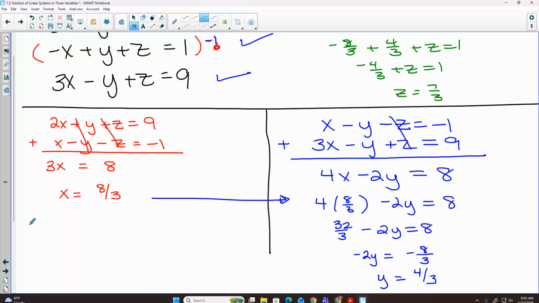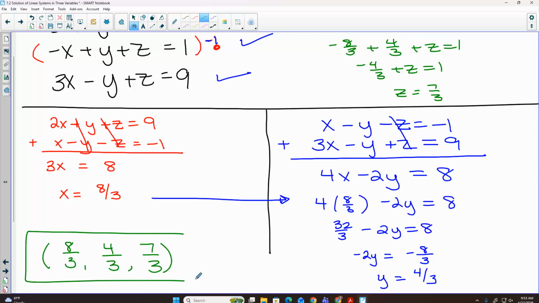And I get 7/3. So my answer, alphabetical, x, y, z, is 8/3, 4/3, 7/3. Do we understand that? Would you guys like to do one more?